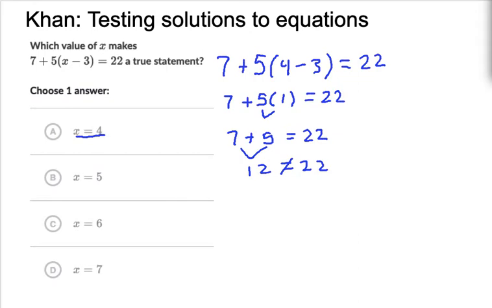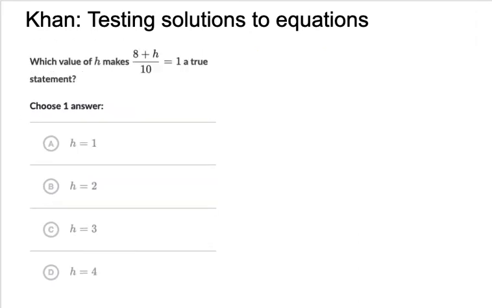There is one more on here I wanted to look at, and it is one like this. I just wanted to point out the idea that in this case, if you have a fraction bar, it is a grouping symbol like parentheses. So you need to do that operation first on top. We're just going to try substituting in h equals 1 here. So we would end up with 8 plus 1 over 10.